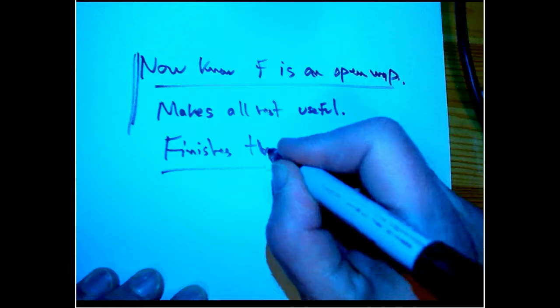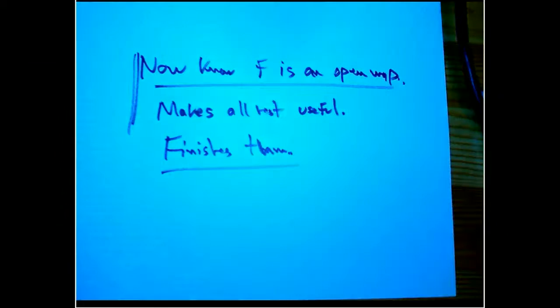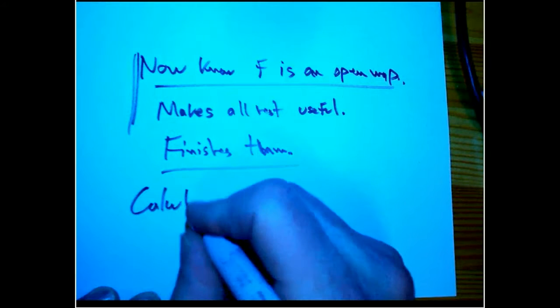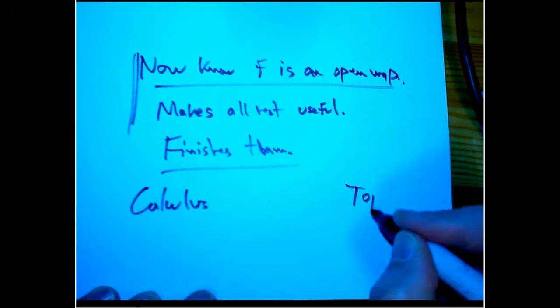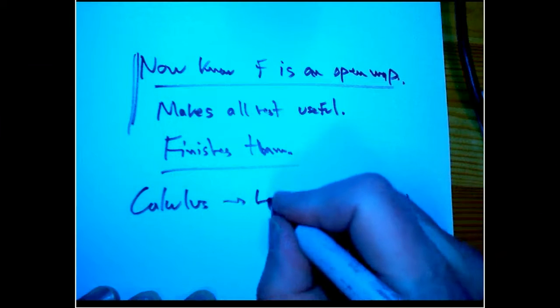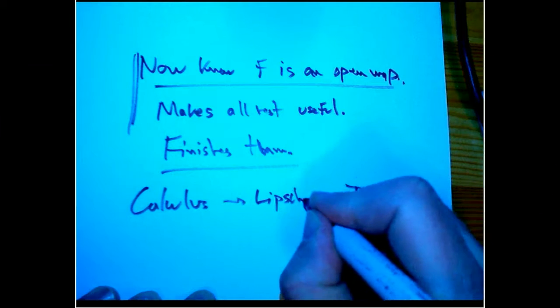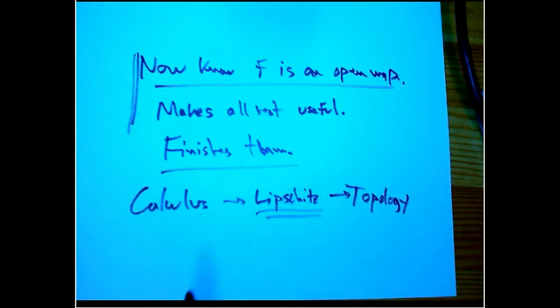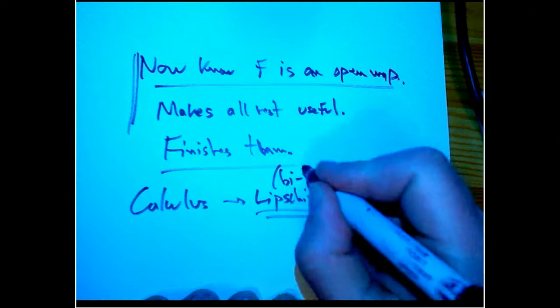I want to mention, in this presentation, I've been focusing on this Lipschitz stuff. Again, this intermediate stage between calculus and just asking whether things are continuous, whether sets are open, things like that. A little bit more of a hardcore version of continuity and one-to-oneness, the Lipschitz and the bi-Lipschitz conditions.